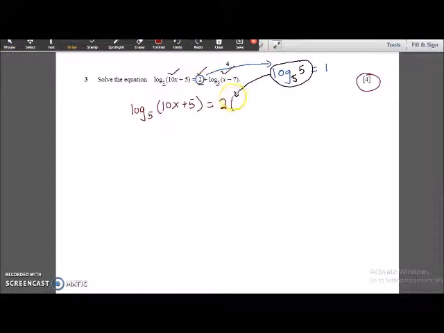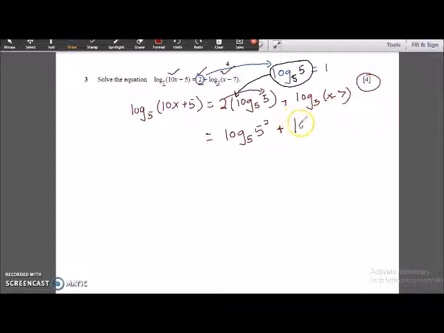We put a bracket over here. This is a log 5 plus log 5, x minus 7. Alright. These two will move inside and it becomes 5 square, which is 25, and we just copy and paste here.